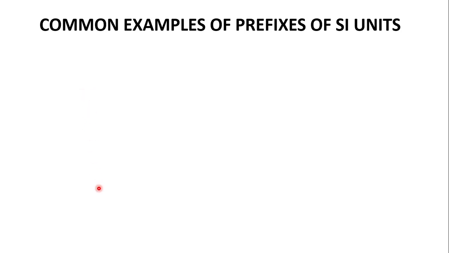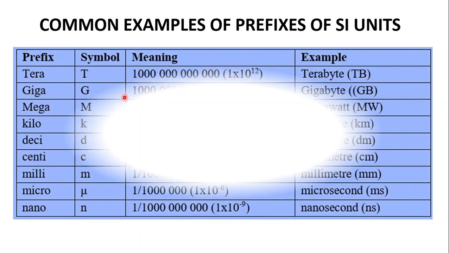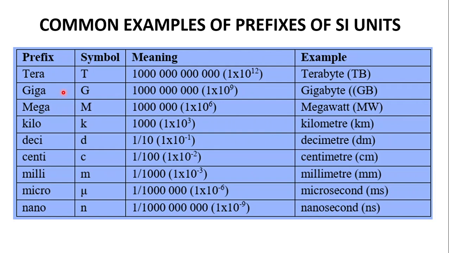You must know them off by heart. You will not be given a table indicating what each means in an exam. So you need to know these off by heart. So we have a prefix, a symbol, its meaning, as well as some examples.